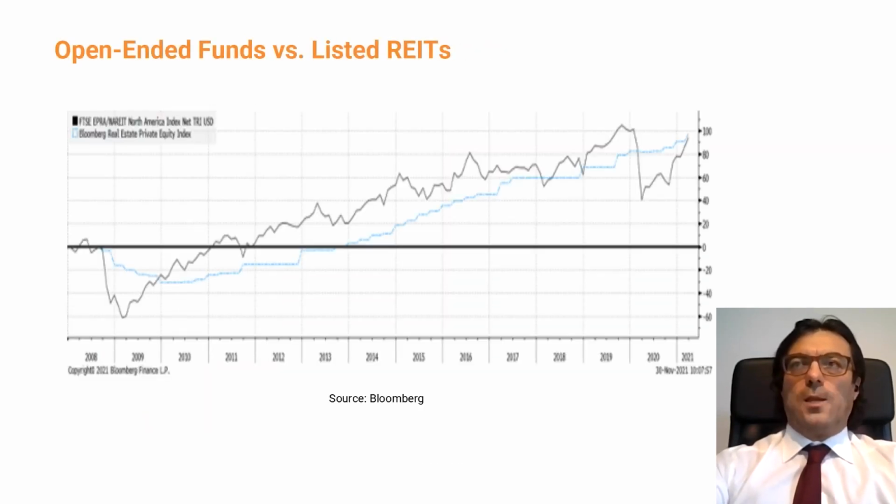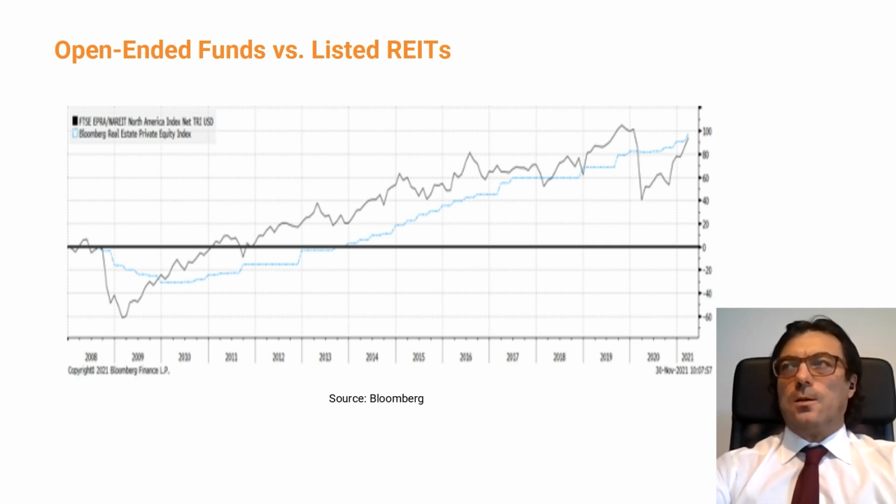Also, we recall that open-ended funds essentially track, over quite extended periods of time, the performance of listed real estate funds. And that's natural because they invest in the same type of assets.